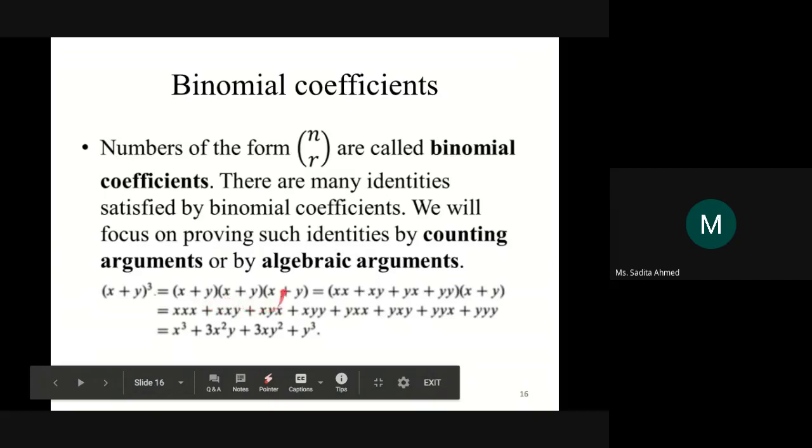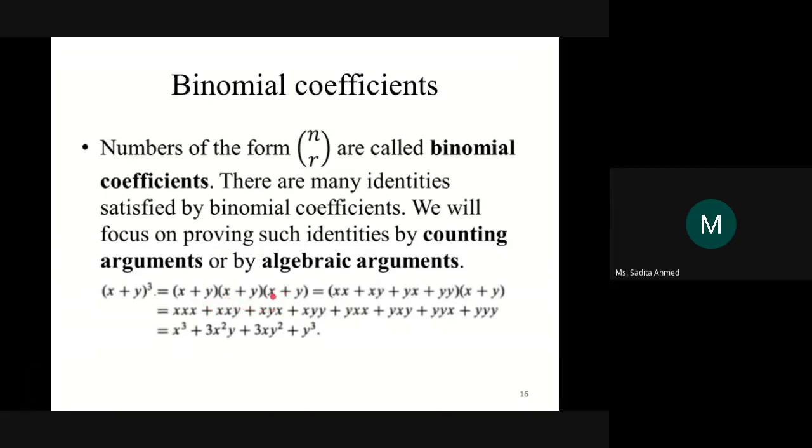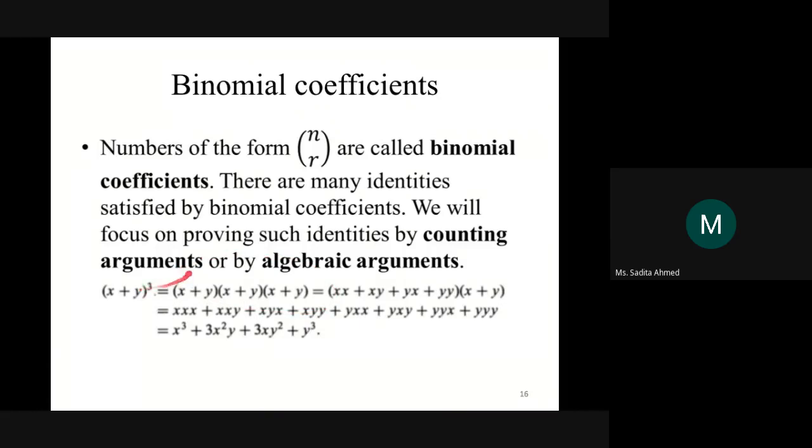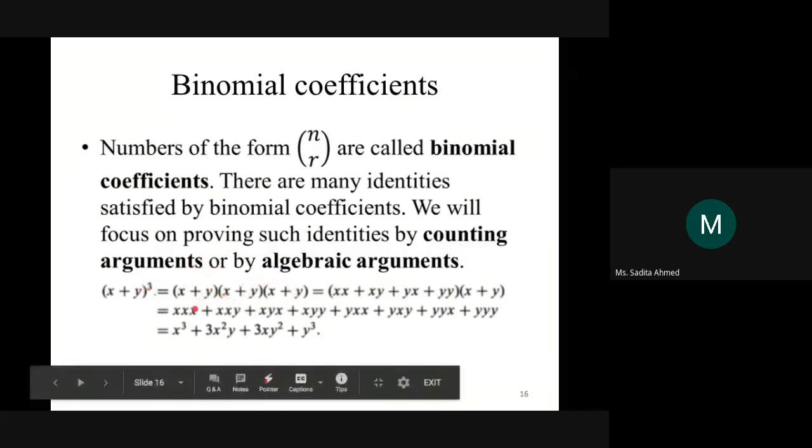And then in the third term as well, when you're multiplying, if you choose x, then you get what? X cube. So you get x cube only when you choose x all 3 times in this entire expression. You have 3 terms here. Each of these terms, if you choose x, that's when you get x cube.